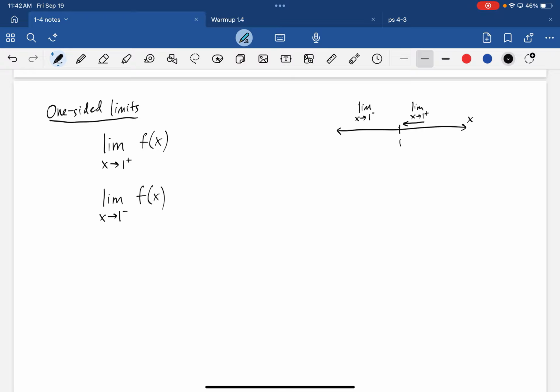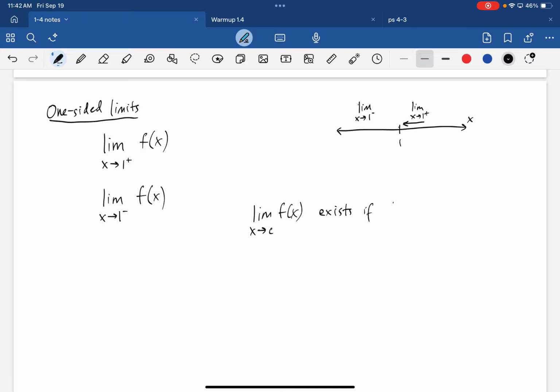And as we all learned from the first lecture, the limit of f of x only exists if the left and right limits are both the same, right?